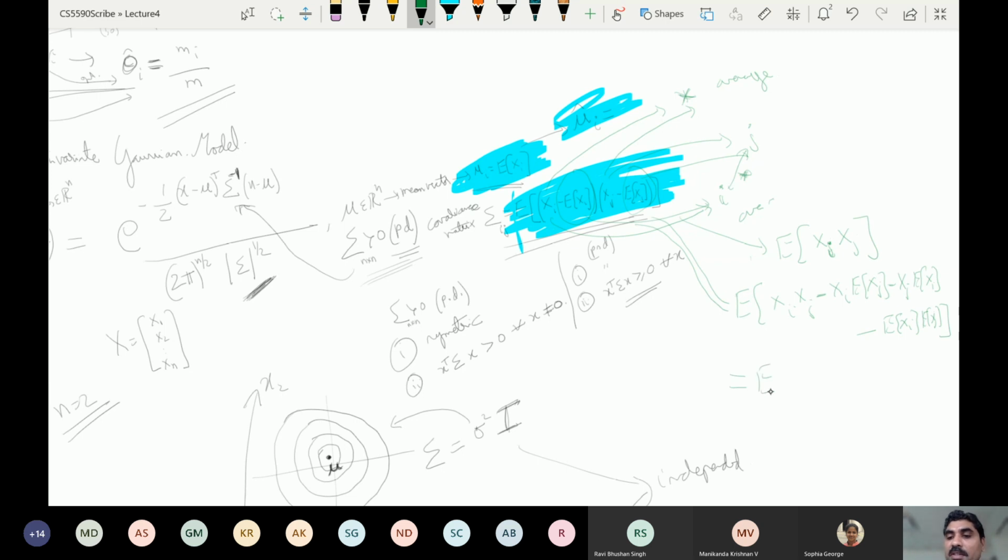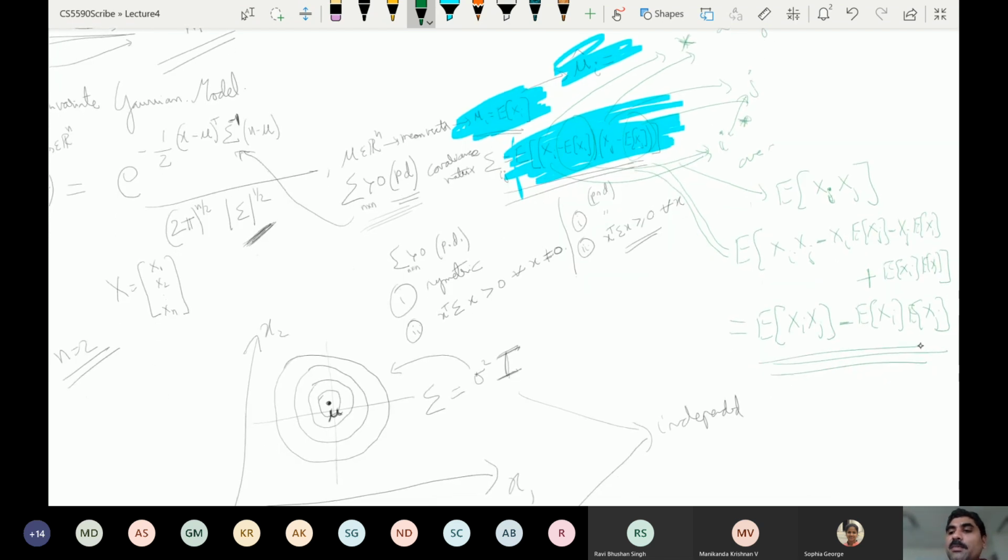But what is this equal to? This is simply equal to expectation of xi xj minus, there will be 2 times minus expectation of xi expectation of xj plus once, this is plus 1 time, so you'll basically get minus this. So this formula also you may remember, right?